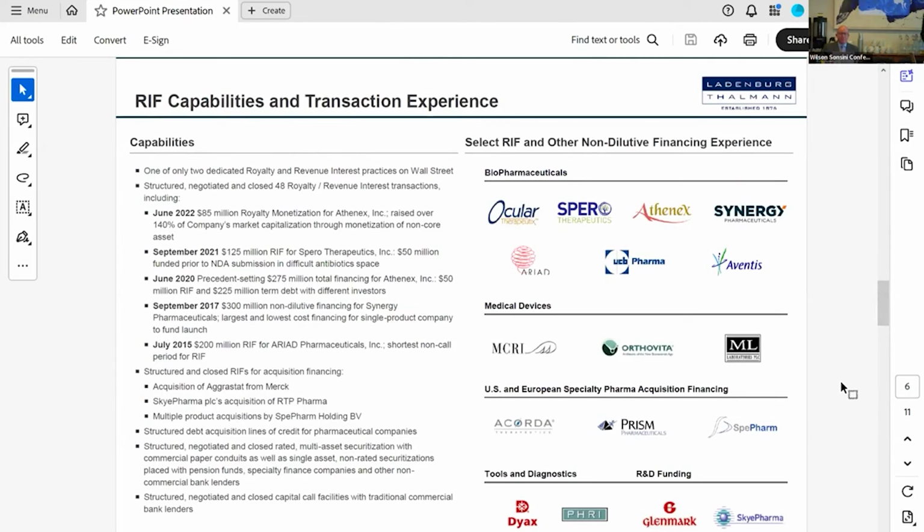I mentioned the RIF capital cannot cause a bankruptcy, but in a bankruptcy, it is better protected even than term debt, again because your full cap return is not treated as post-petition interest.